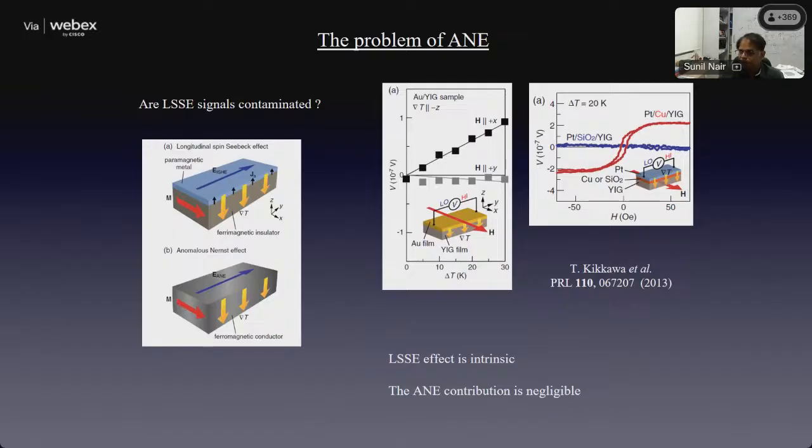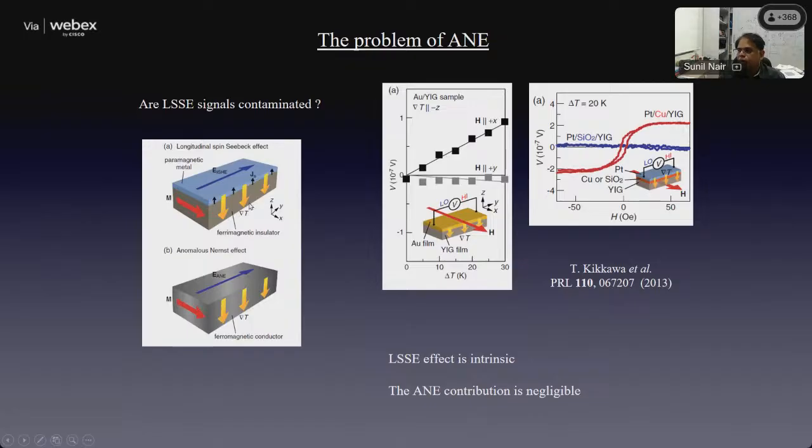The reason is the following. This schematic on the top is how one would typically measure the longitudinal spin-Seebeck effect. I showed you in the previous slide as well. I have my magnetic unit here in gray. I put a spin to charge conversion layer like platinum or tantalum or tungsten, some high Z paramagnetic metal, on top.